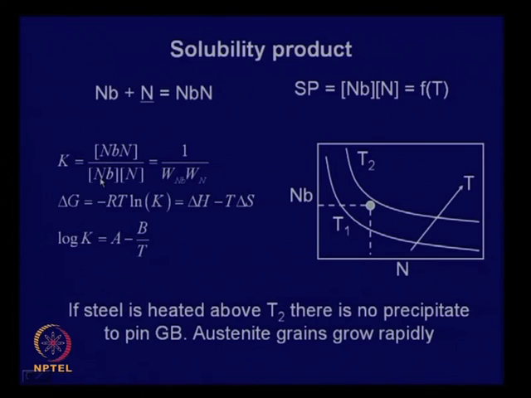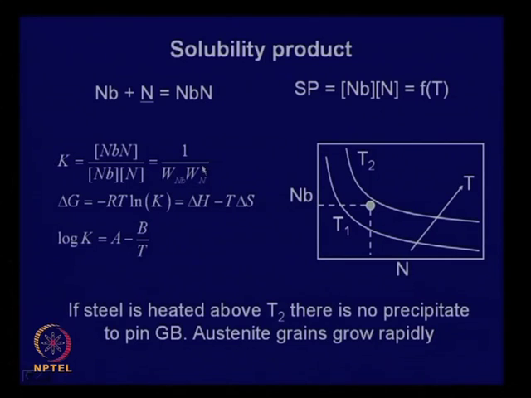This is dissolved niobium, dissolved nitrogen, and this is the niobium precipitate. We can assume the activity of the precipitate to be 1, and since they are present in very small amounts, their activity is proportional to the weight fractions of the respective elements, that is weight fraction niobium and weight fraction nitrogen.